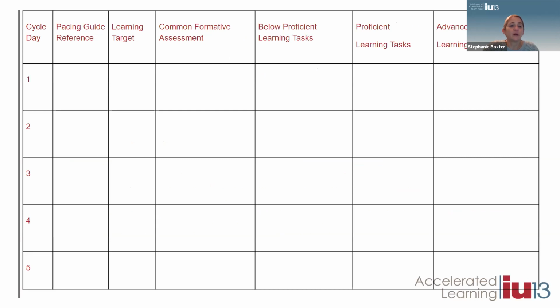And there is a chart here that I have for the different cycle days. Now I know that in different environments, it wouldn't be cycle days, especially with adult learners. It might be numbers, it might be A, B, C, D. You're going to look at the pacing guide reference, what the learning target is, how you're going to do your formative assessments, and then look at the different tasks and what you will expect your students who are currently performing below proficient to do, proficient, and then advanced.